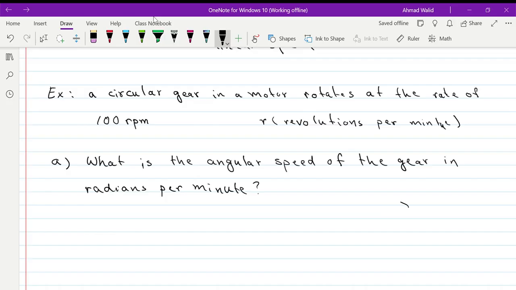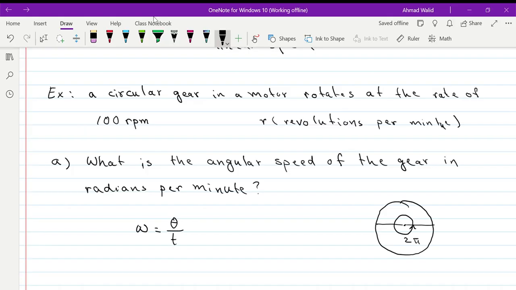Look, each revolution of the gear is actually 2 pi, right? Each revolution is 2 pi radians. One round, we call it one revolution. Now, my angular speed formula, omega, equals theta over t.